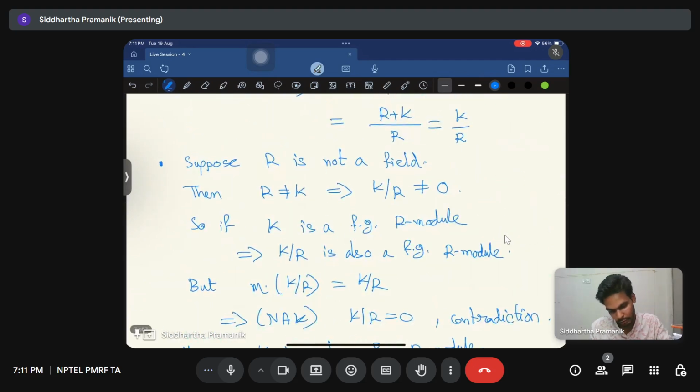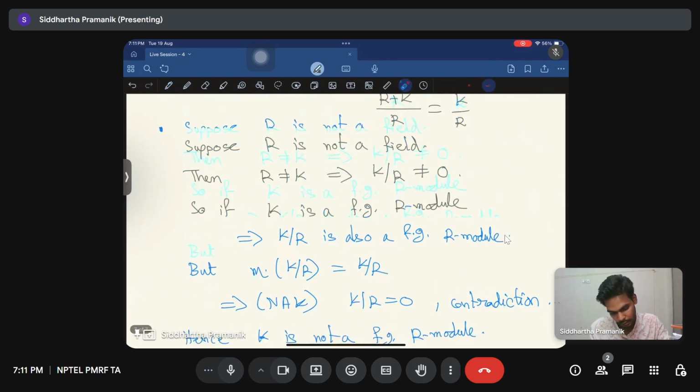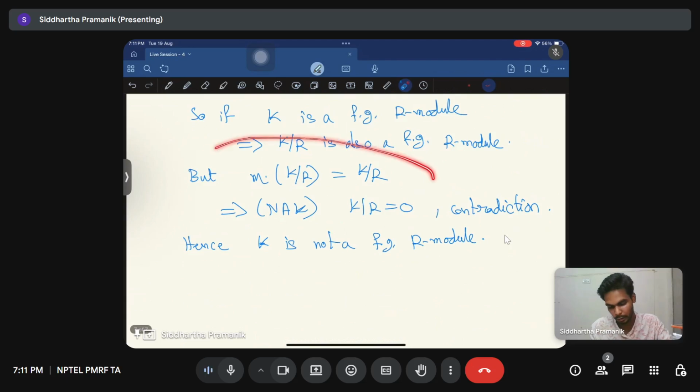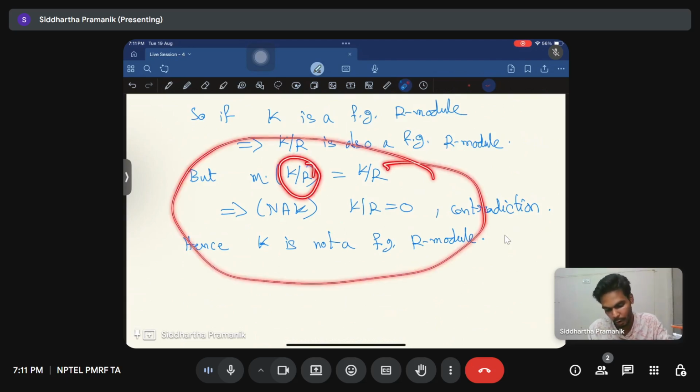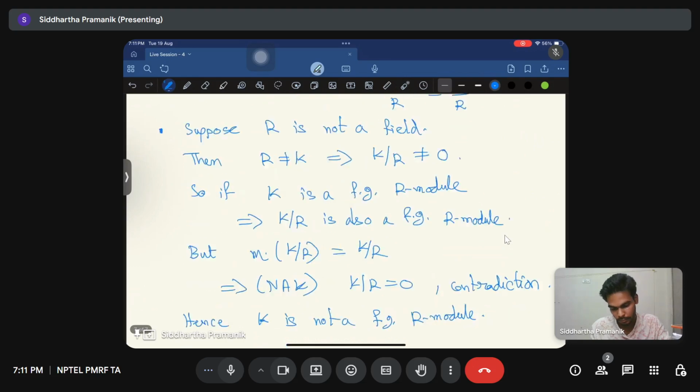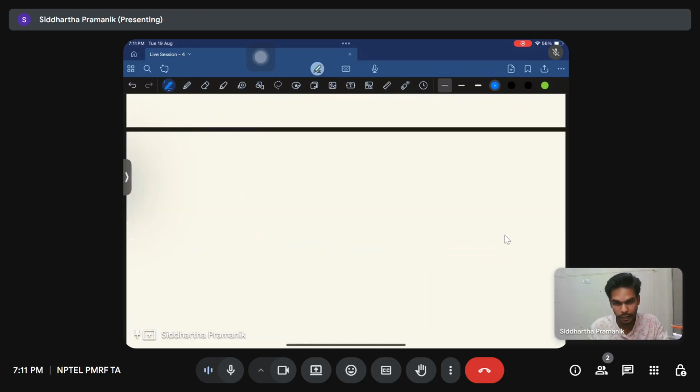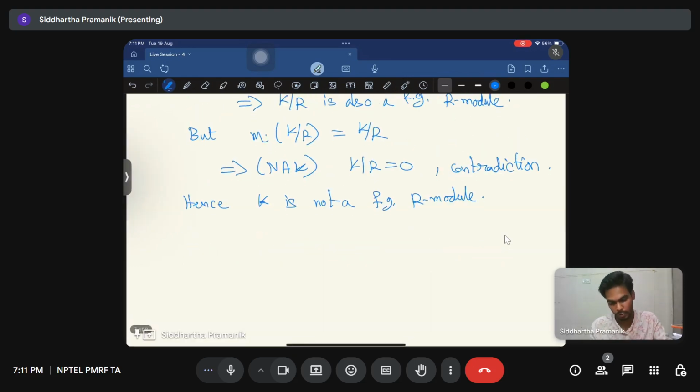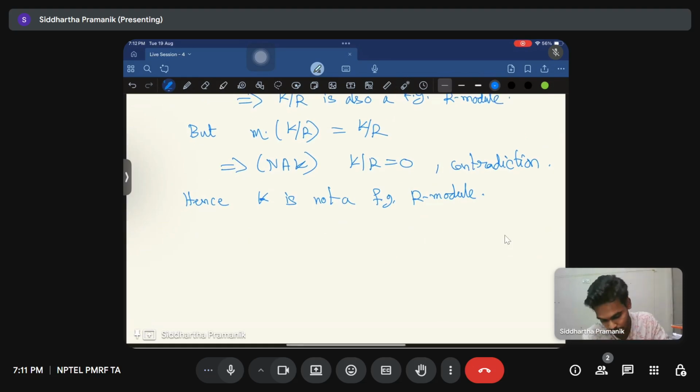So actually this is giving you that counterexample, because K mod R is non-zero, but M times K mod R is equal to K mod R. So there are other examples also. One can try to find those things.